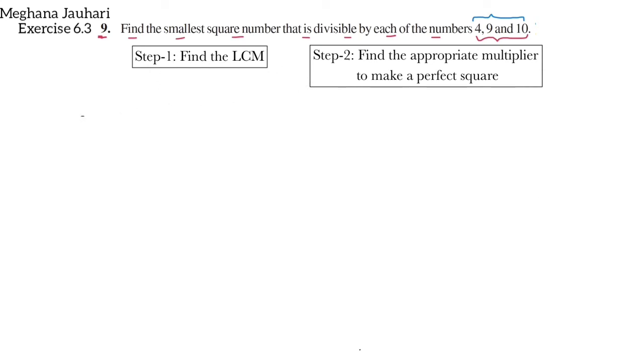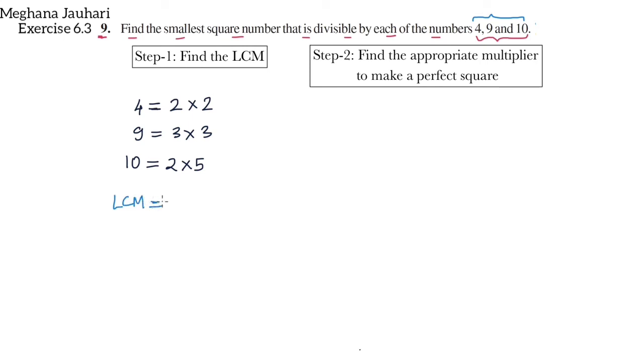Starting with step 1, we are going to find the LCM of these numbers. So writing the prime factors of each of these numbers, for 4, as we know, it is 2 into 2. Prime factors of 9 is equals to 3 into 3, and for 10 it will be equal to 2 into 5, right? So from this we can write the LCM easily.